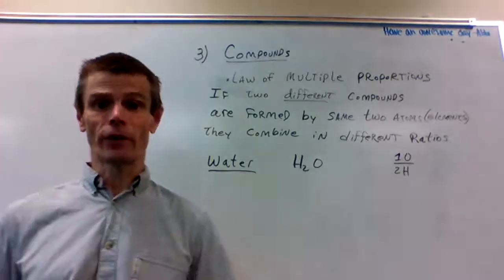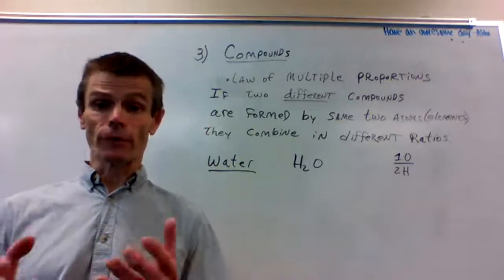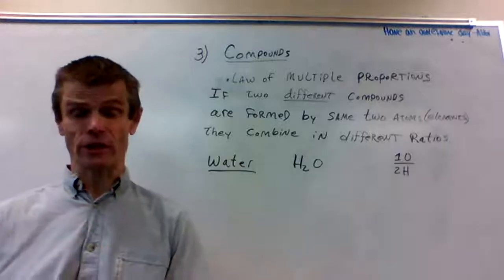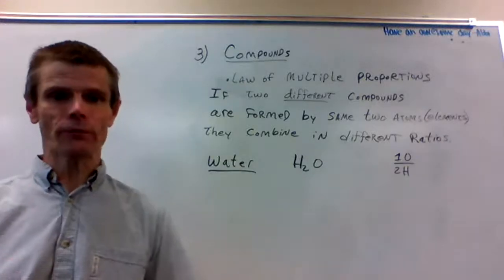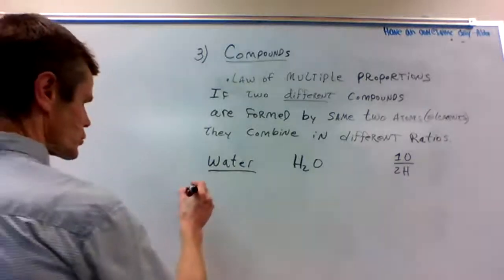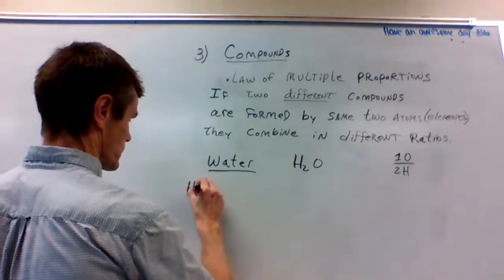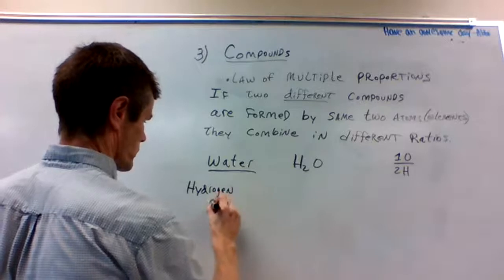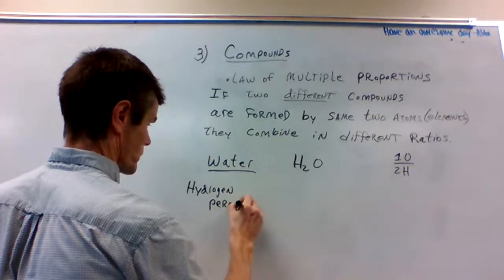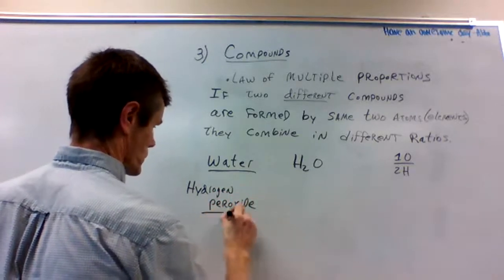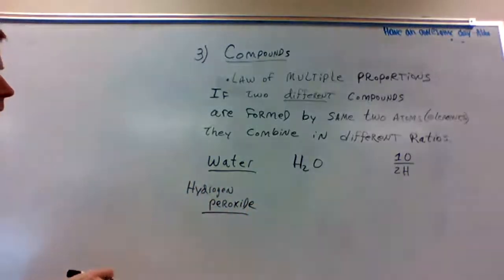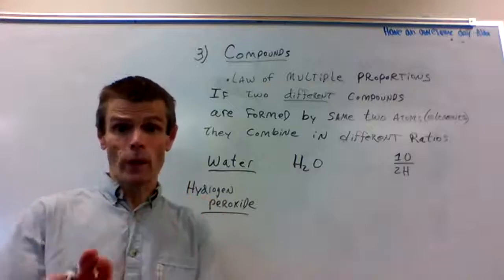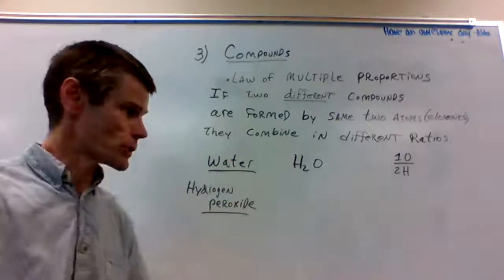Let's think of another compound that forms from the same two elements, hydrogen and oxygen. There is another one we might be familiar with, hydrogen peroxide. As we were stating here, it's a different compound, but it's formed from the same two elements, hydrogen and oxygen.